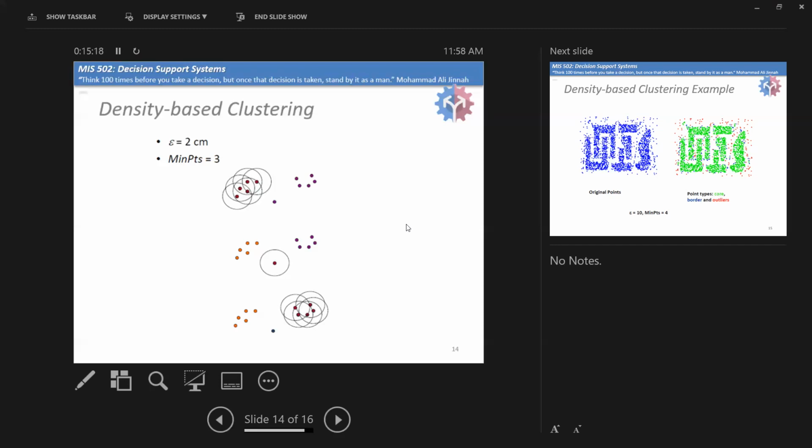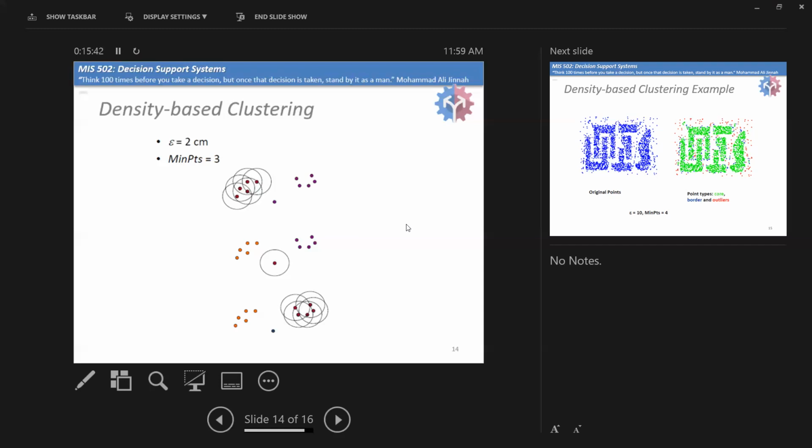Now, do you see that as we keep on building these circles, they are overlapping each other. So they are creating a region for you, a lot of circles combining and creating a region. This region is a separate thing, and it can form any shape you like.